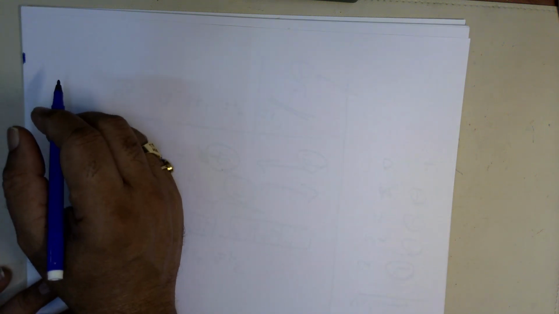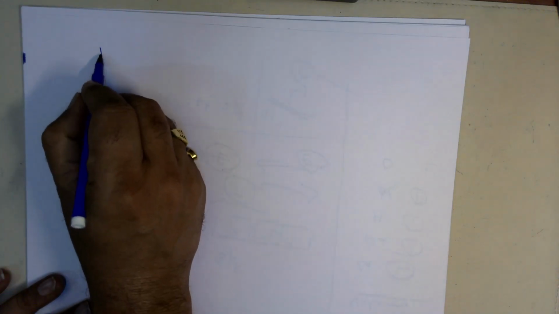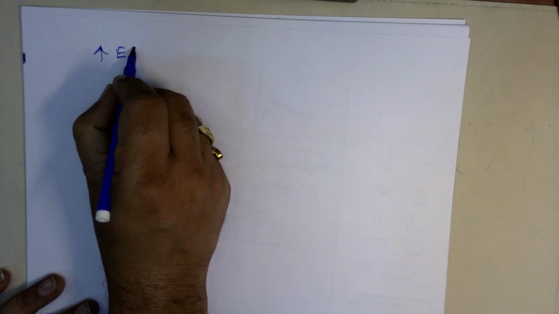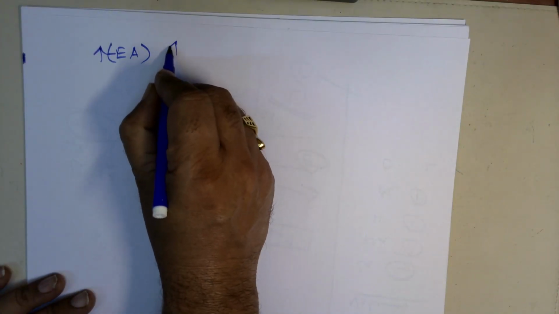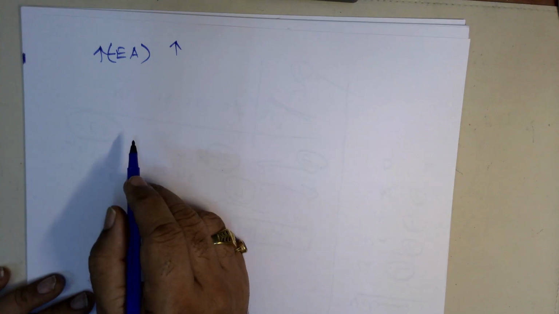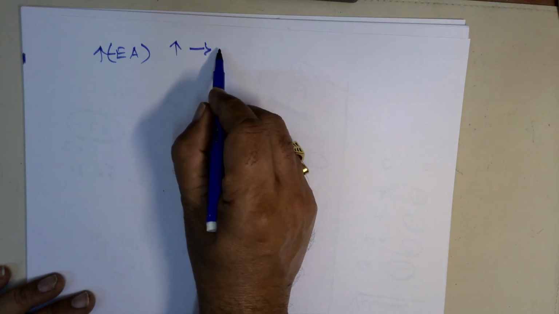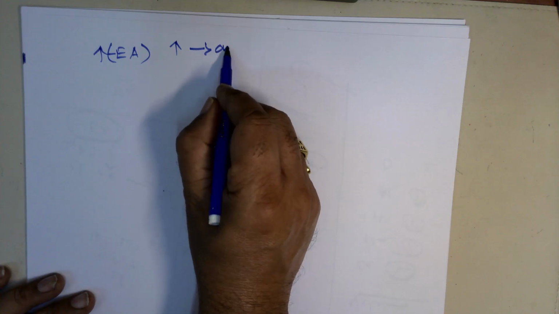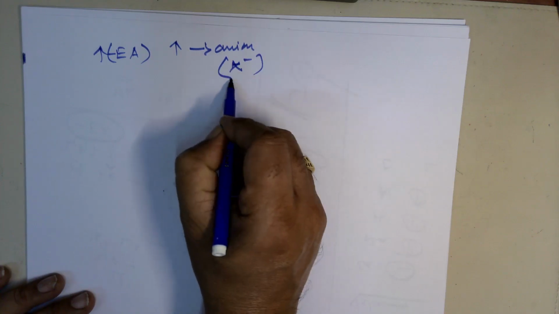Now, the higher the value of negative electron gain enthalpy, that is electron affinity, greater will be the formation of anion, that is negative ion, X minus.